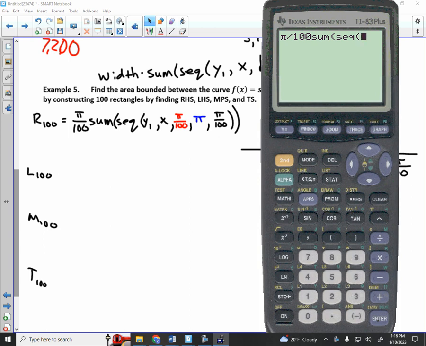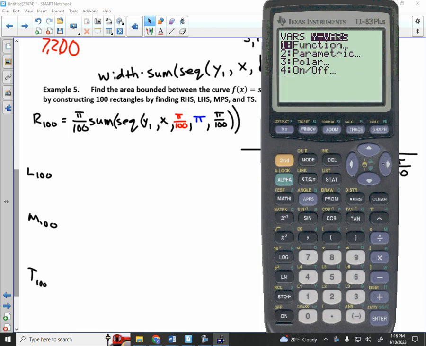Okay, now we need to grab y sub 1. If you wanted to just enter sine of x at this point, you could, but sometimes the equations are a little bit longer, so I like to just enter whatever y sub 1 is. So here's how I grab y sub 1. This is the last thing that's complicated, okay? Press vars for variables. This is something that we use later on during the year, which is why I'm showing you it right now. And I go over to my y vars.